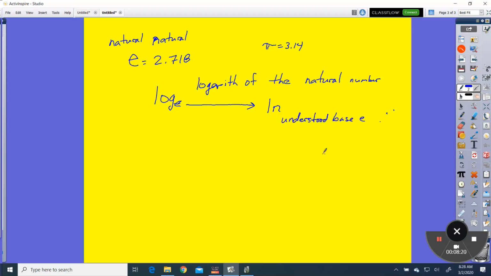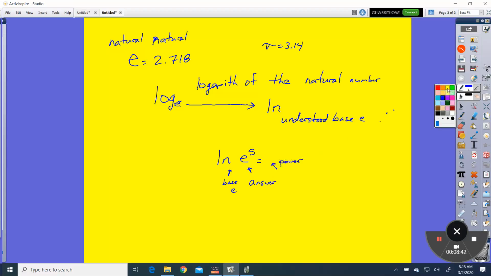Are you ready for a trick question? ln of e to the 5th. What is the understood base on this? First, the understood base is right here, right? This is the what? And this is the power, correct?